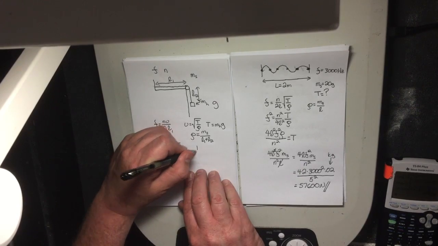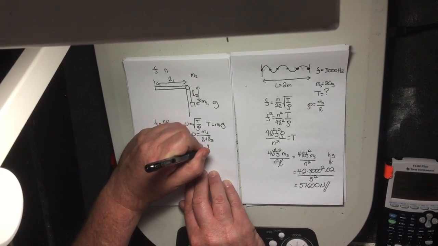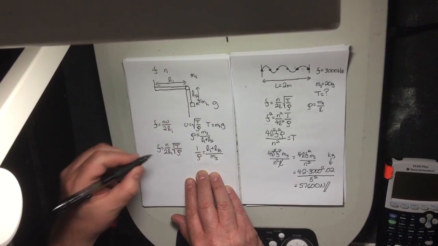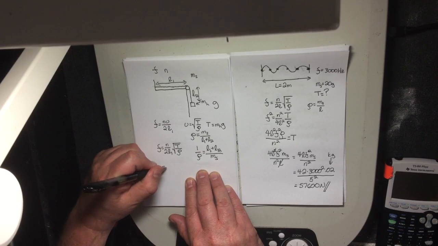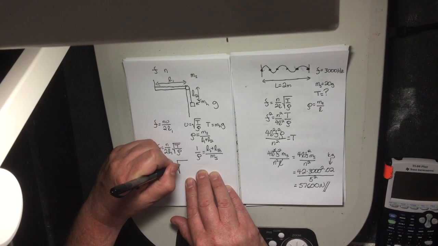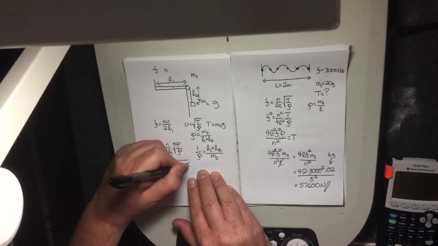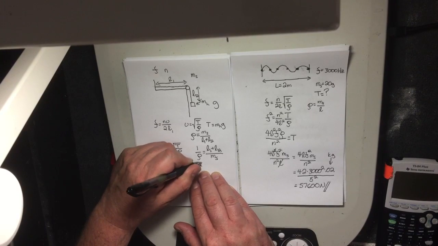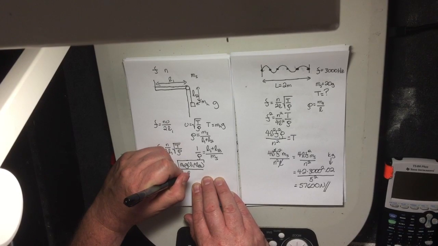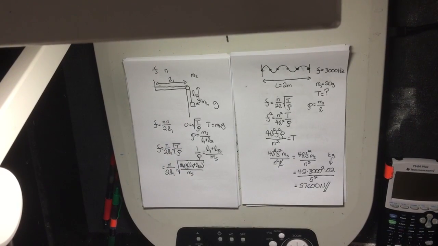Rho is in the denominator, so 1 over rho is L1 plus L2 over ms. So this becomes N over 2L1 times the square root of mHg times L1 plus L2, all divided by ms. And so that's the derivation.